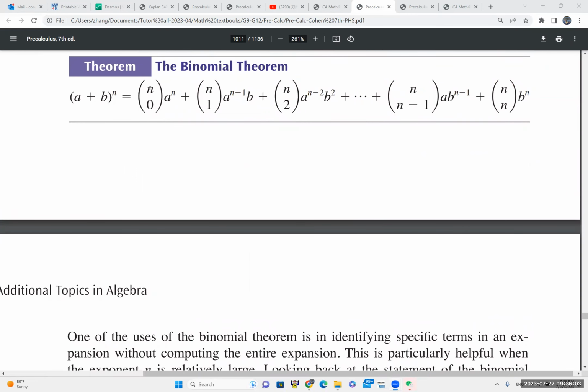Anyway, n choose 0, n choose 1, till n choose n minus 1, till n choose n.